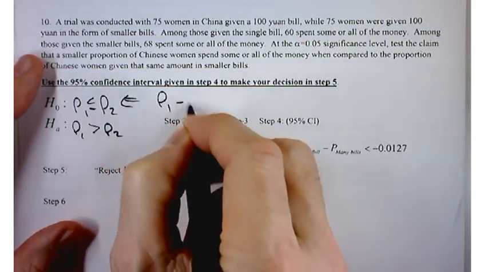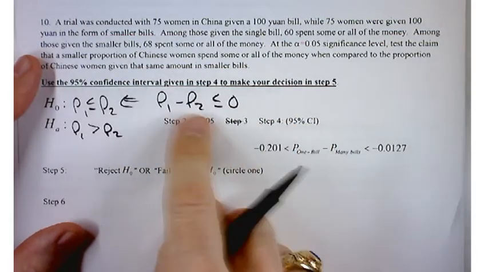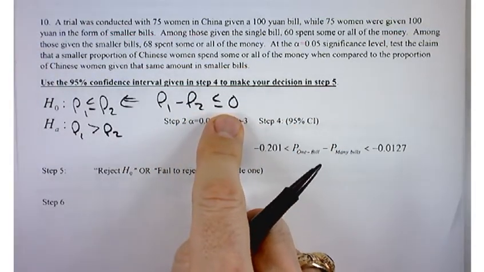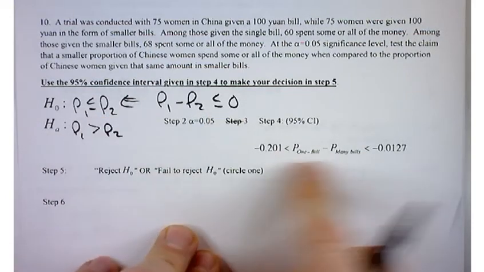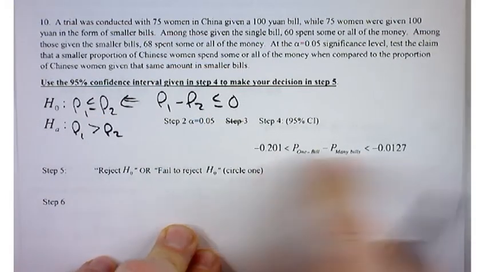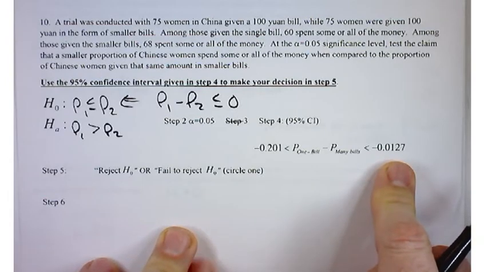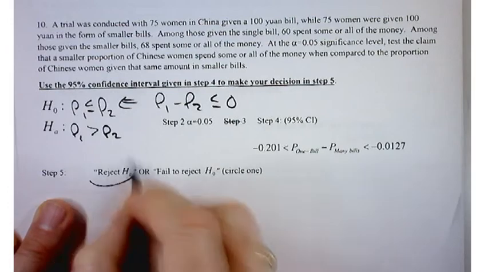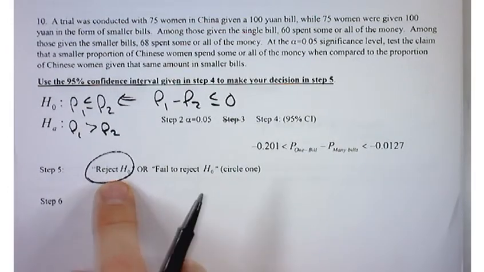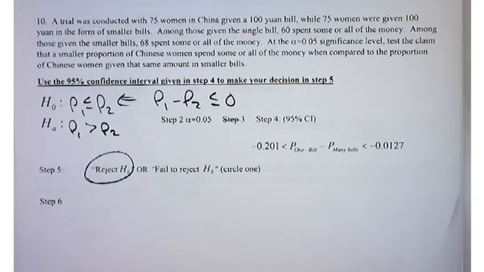P1 minus P2 would have to be less than or equal to 0 there. But if it equals 0, we can't reject this. Since this confidence interval doesn't contain the possibility of 0, you would reject H0. That would be your conclusion here, and then you can finish it up by stating your conclusion in words.